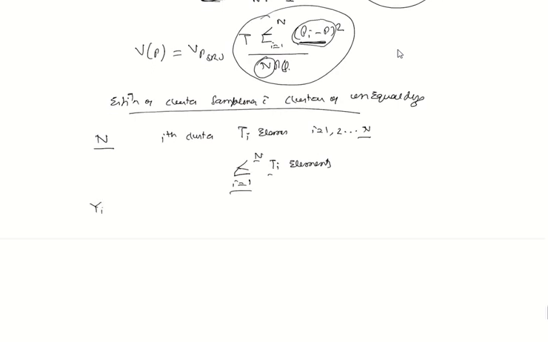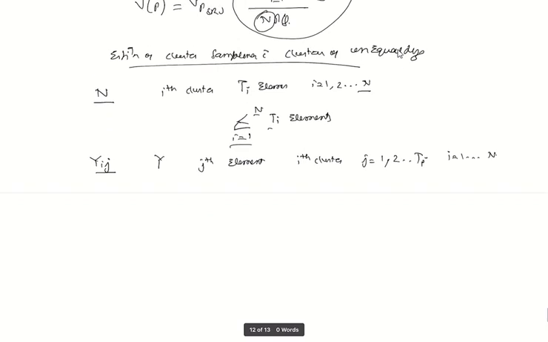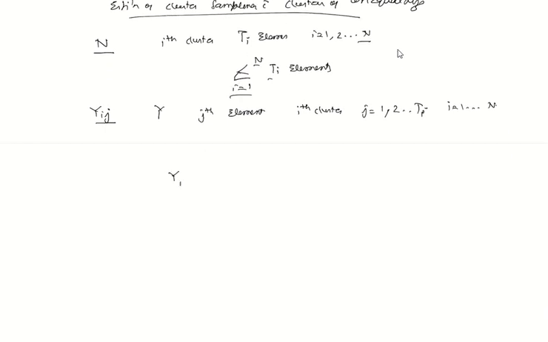And let yij denote the value of the target variable y for the jth element in the ith cluster, where j goes from 1 to ti, and i is 1 to N. Then the population total of the ith cluster, yi, is going to be summation j equal to 1 to ti of yij, and the population mean is going to be the summation of i equal to 1 to N of yi's divided by summation i equal to 1 to N of ti's.